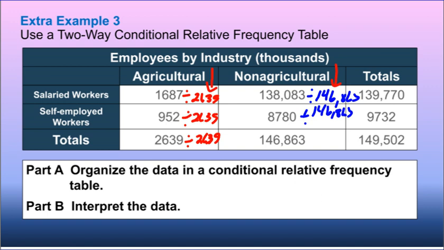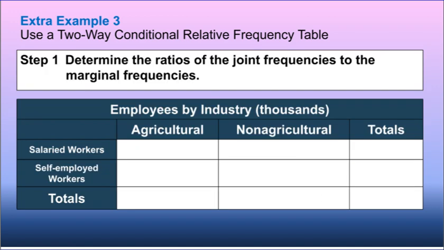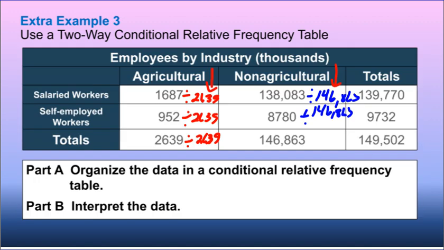So now if I take this 1687 divided by 2639 times 100, that would make more sense for our answer to be 63.9%. Self-employed would be 952 divided by 2639. That would give us 36.1%.